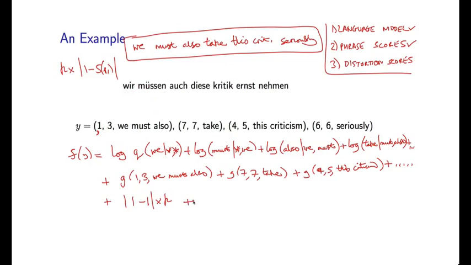And then let's look at the next term. So now I'm going to compare 3 to 7, the end of this phrase, to the start of this one. And I'm going to take 3 plus 1 minus 7, take its absolute value, times eta. And then I'm going to look at 7 versus 4. So I'm going to look at 7 plus 1 minus 4 times eta.